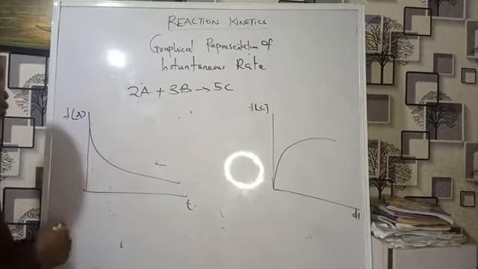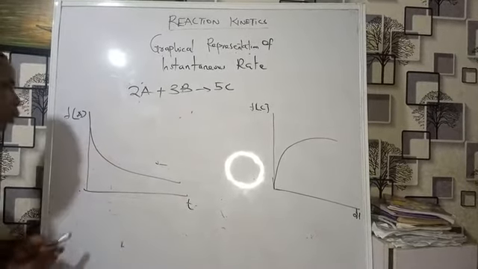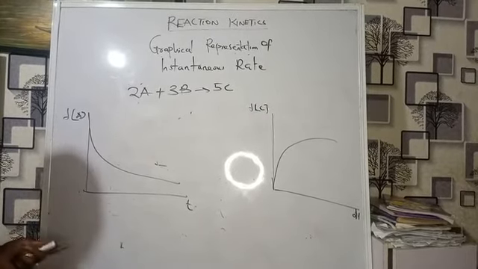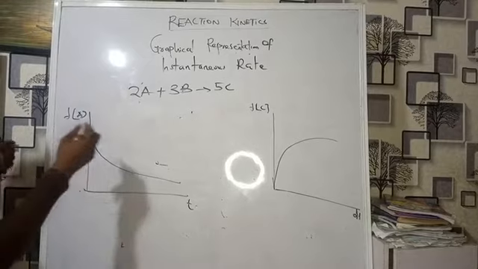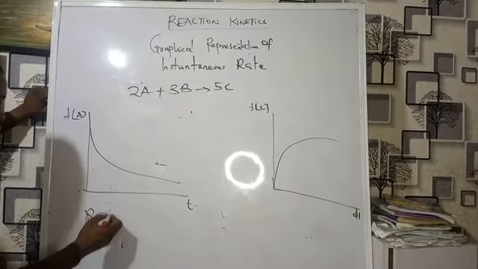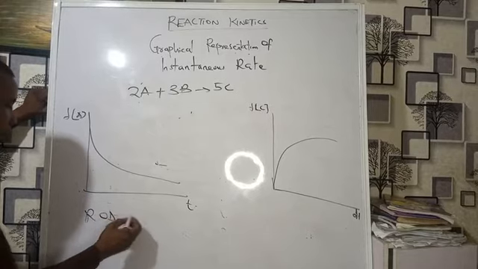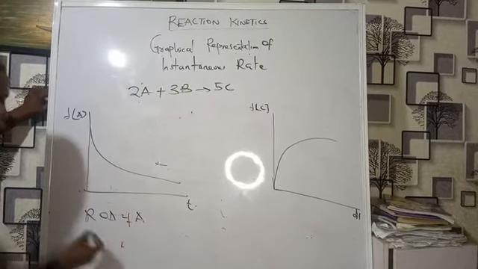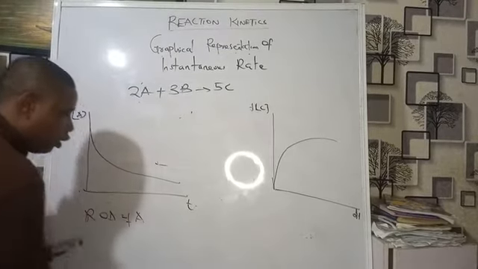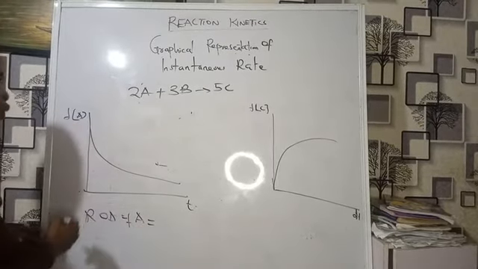Okay. So now, how do you get the rate of appearance of C and the rate of disappearance of A? Now, to get the rate of disappearance of A, let's make it R of D of A. So the rate of disappearance of A now is equals to what?